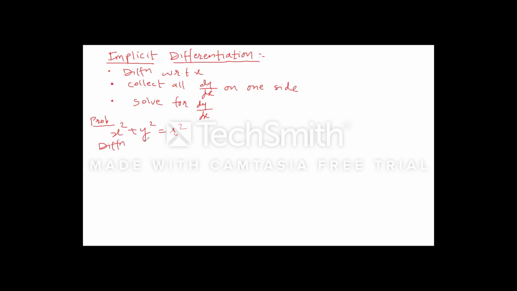So here we will differentiate. The derivative of x square is 2x, the derivative of y square is 2y into dy by dx, and the derivative of r square, a constant, is 0. The plus 2x on the right side becomes minus 2x. Here 2y dy by dx stays as it is. 2y multiplied on the left side becomes divide on the right side. So 2 cancels, and the left term is minus x upon y. This is the required derivative of the given implicit function.